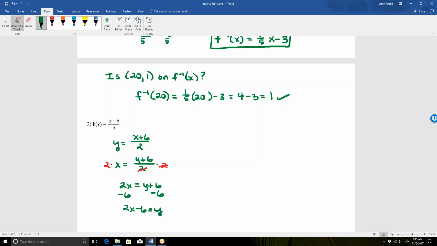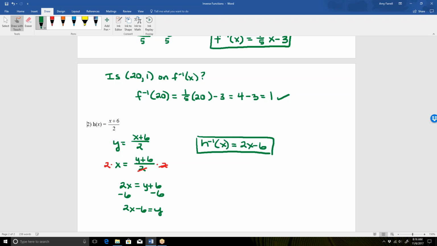Okay, now if we want to use our fancy notation here, this function is h of x. So our notation here would be h inverse of x instead of f inverse of x, since our original function was h of x. So h inverse of x is 2x minus 6. All right, and this is our answer.